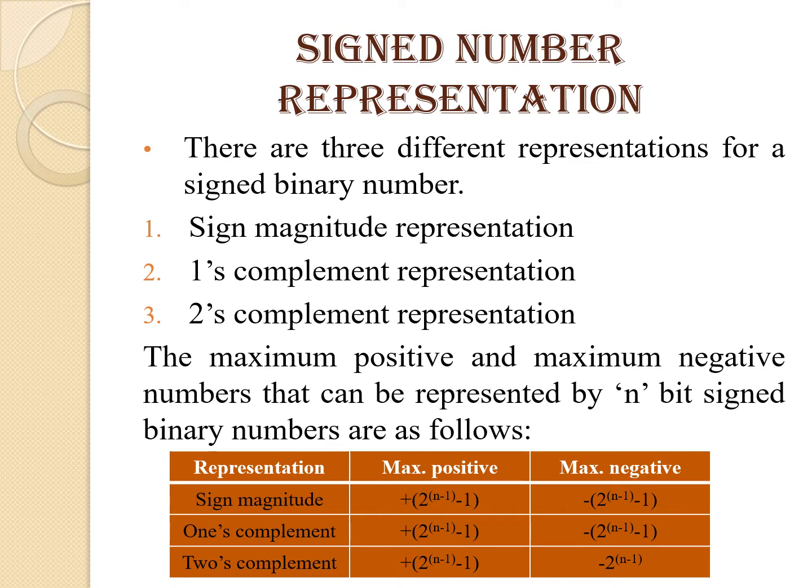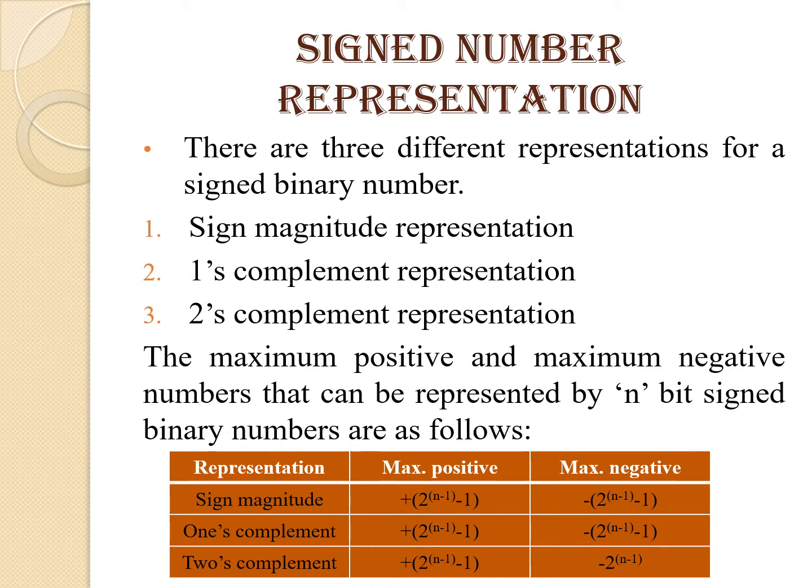The maximum positive and maximum negative numbers that can be represented by n-bit signed binary numbers are as follows. So sign magnitude numbers, maximum positive is plus 2 raised to n minus 1 minus 1 and maximum negative is minus 2 raised to n minus 1 minus 1.